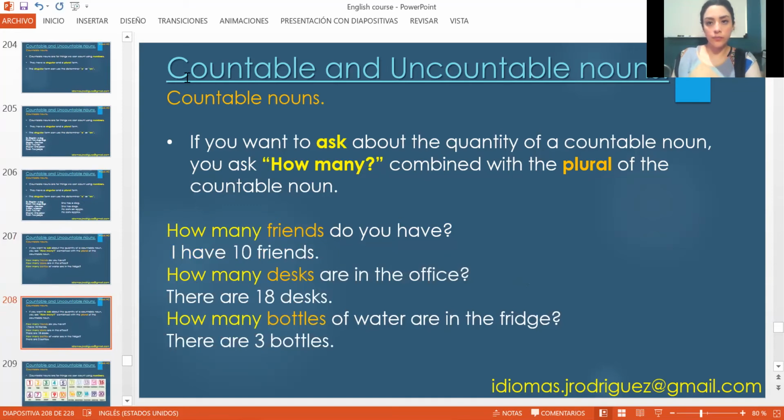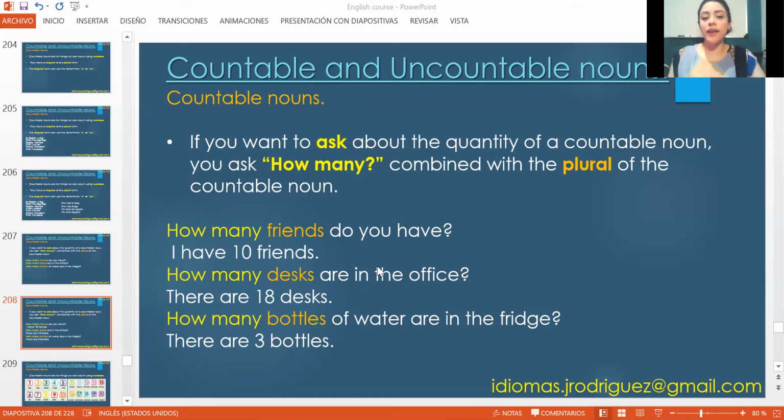Now, possible answers. For the question, how many friends do you have? I can answer, I have 10 friends, I have 2 friends, I have 5 friends. Okay, friends is countable, so I can use numbers. Next, how many desks are in the office?